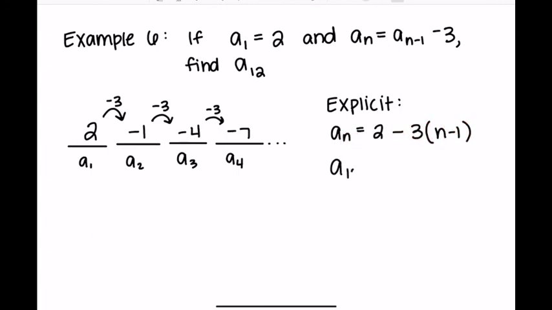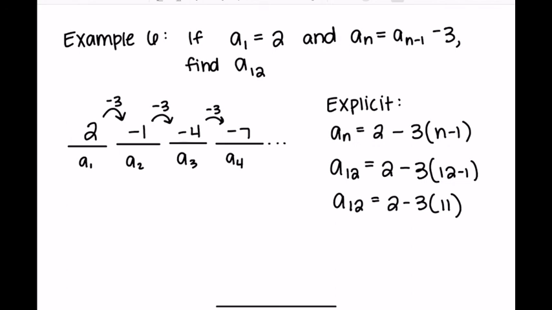So a sub 12 is 2 minus 3, how many times? 12 minus 1 times, or 11 times. All right, so that would be equal to 2 minus 33, or -31.